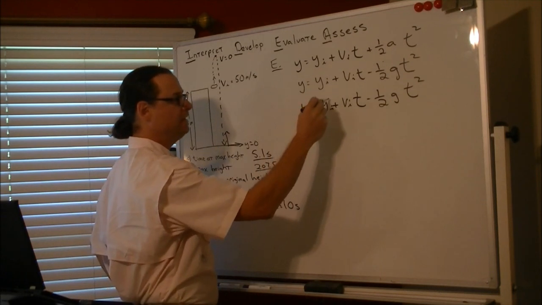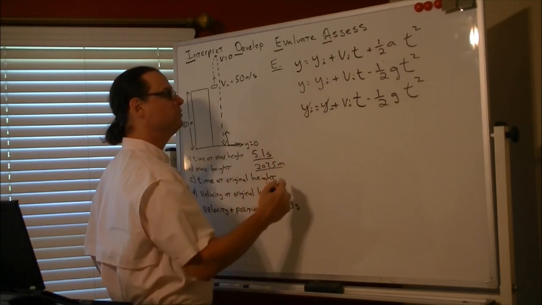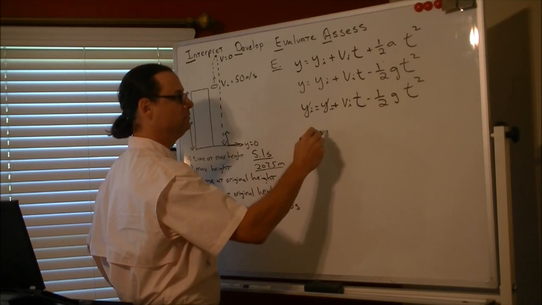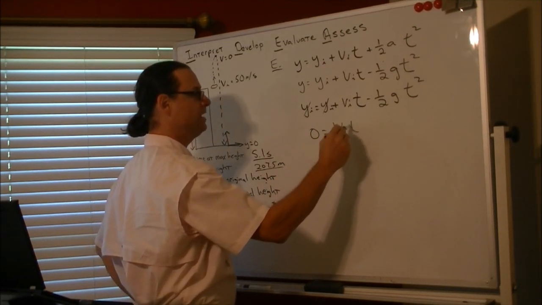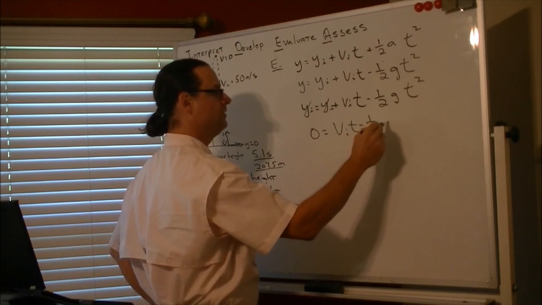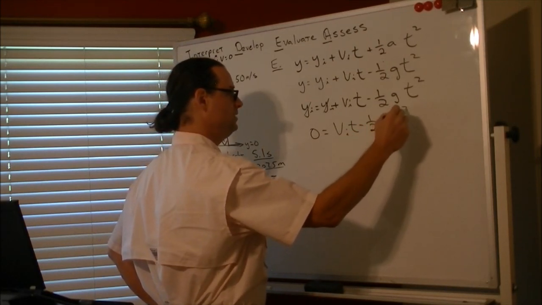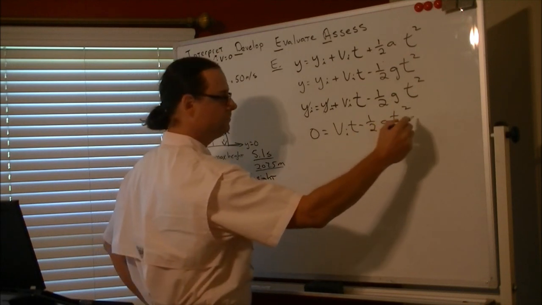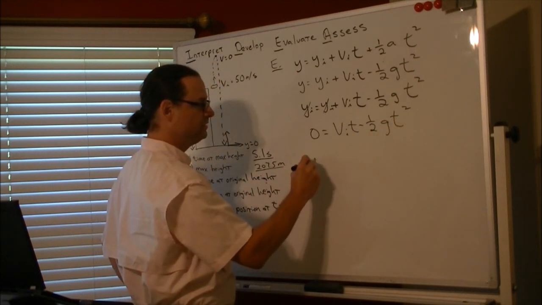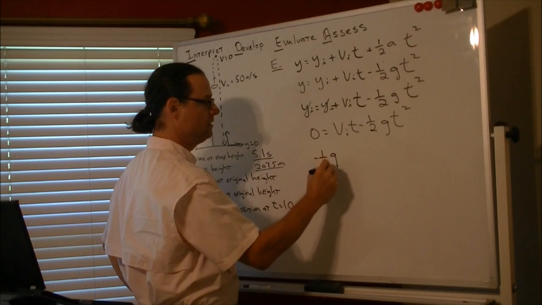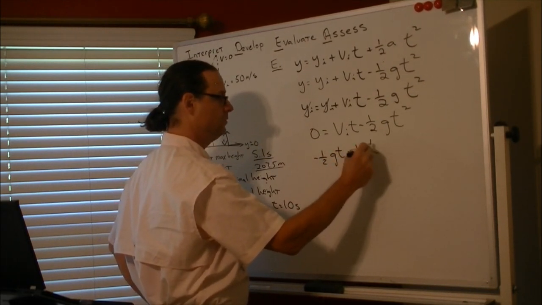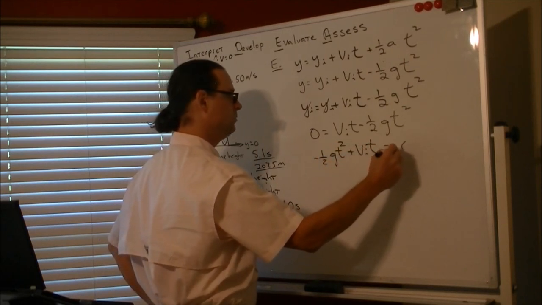So we can cancel that out or subtract the y initial from both sides, if you will. So you end up with 0 equals v initial times the time minus 1/2 g t squared. And so now let's sort of rearrange this a little bit. So minus 1/2 g t squared plus v initial times the time, where this t is squared, is equal to 0.